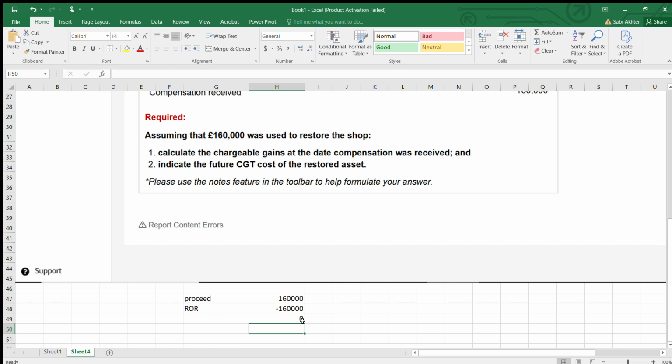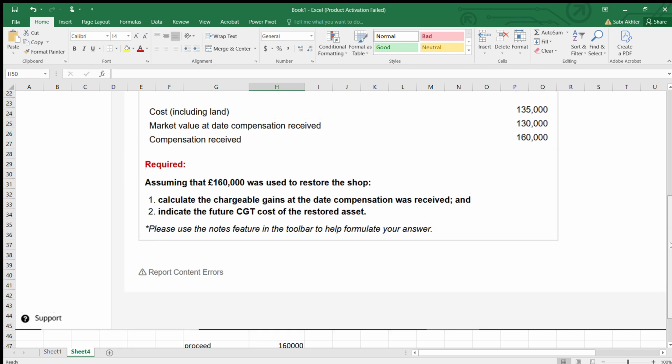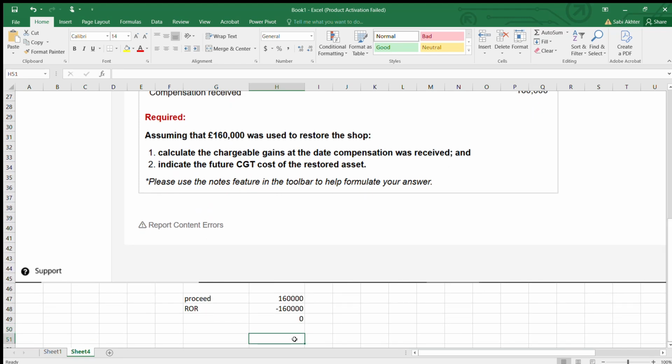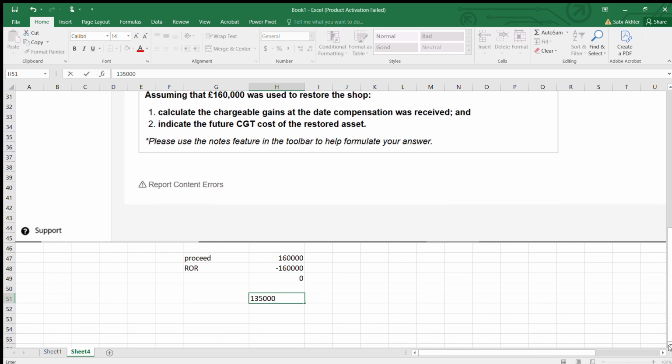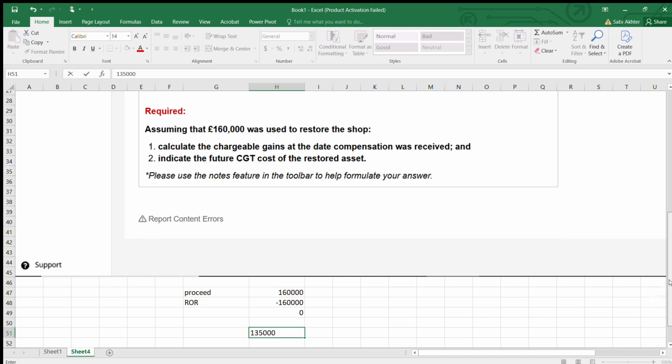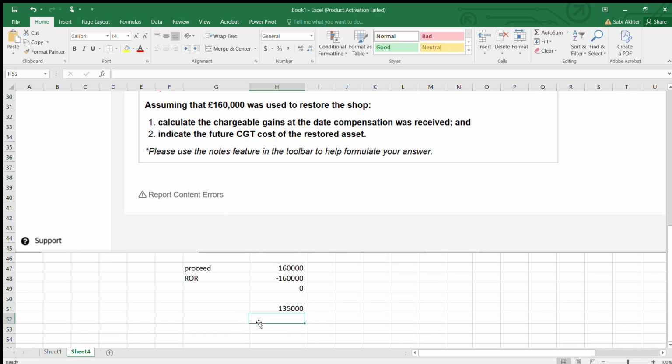Now, in future, what is the cost? Original cost 135. 135 is the cost. With this 135, add the cost of restoration, that is 160. And then deduct the rollover relief.